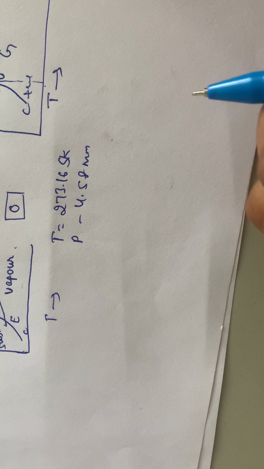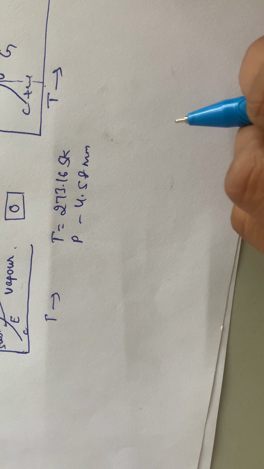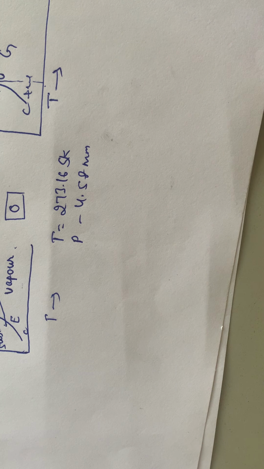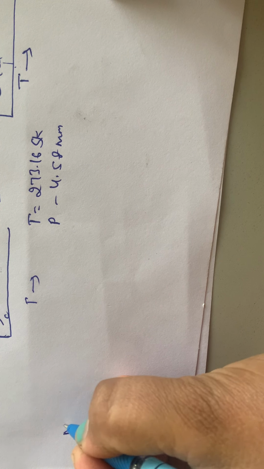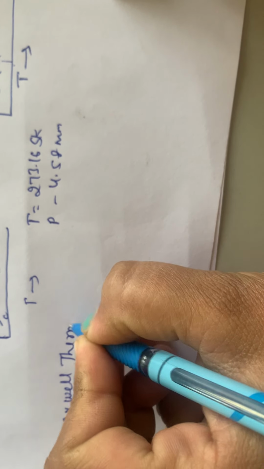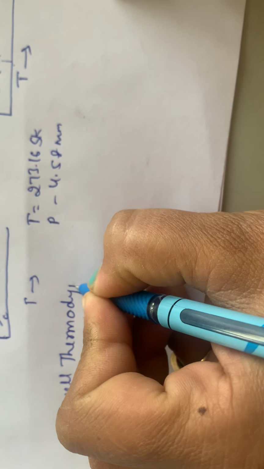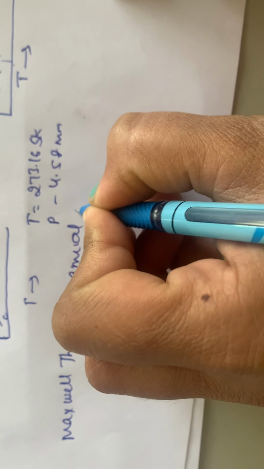The triple point of a substance like wax, which contracts on solidification, is below its melting point at normal pressure. Now we will discuss Maxwell thermodynamic relations.